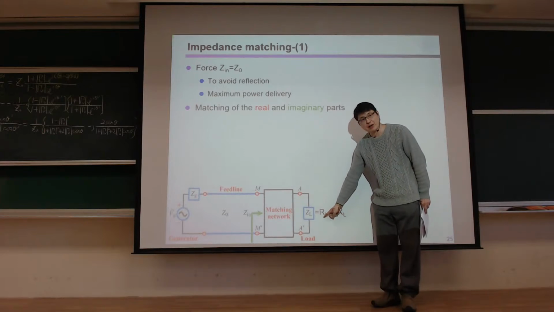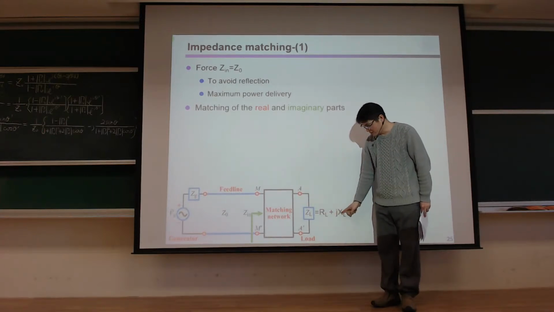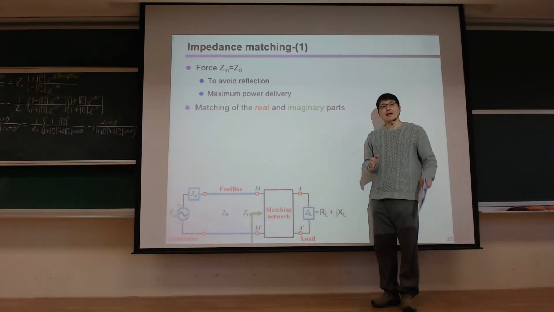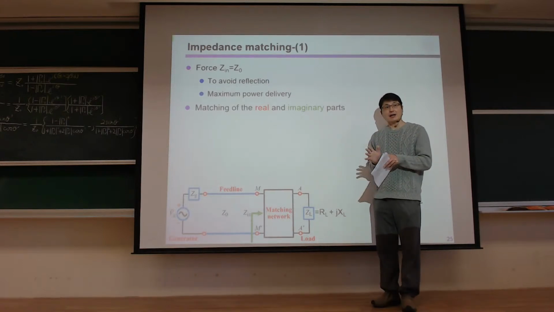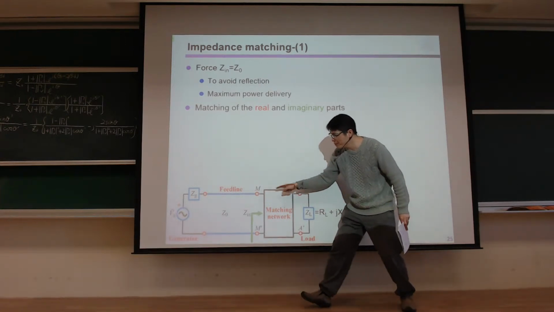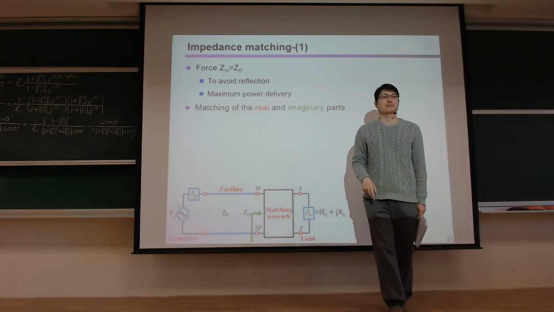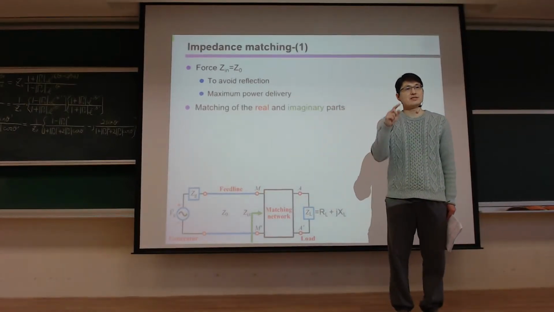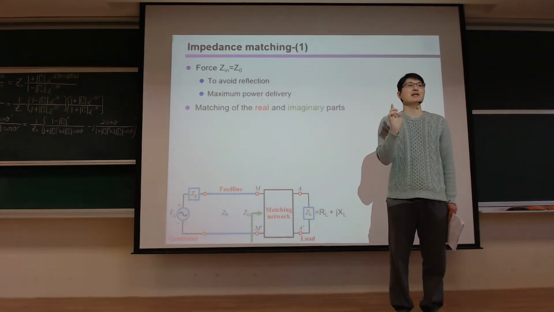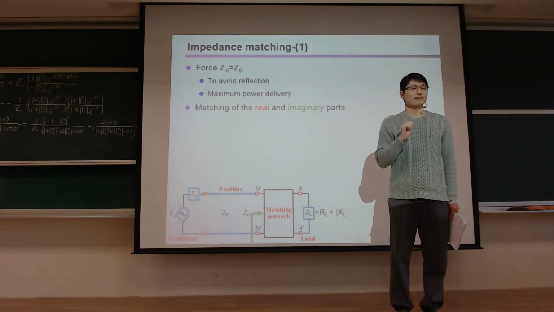The resistor value can be anything. Imaginary value can be anything. And now our goal, our target, is to say that the load impedance will be matched to this. Z0 for a lossless transmission line is purely real.